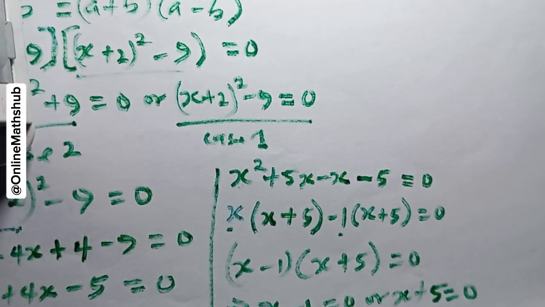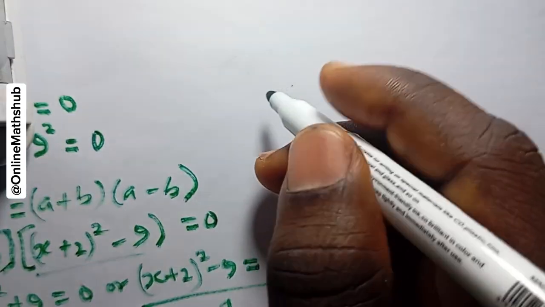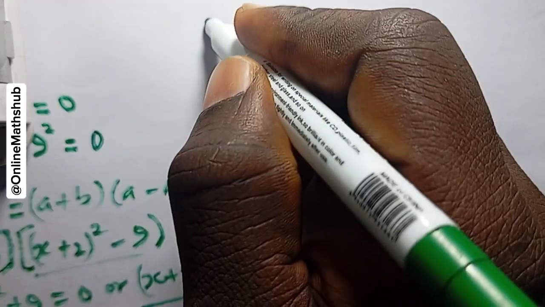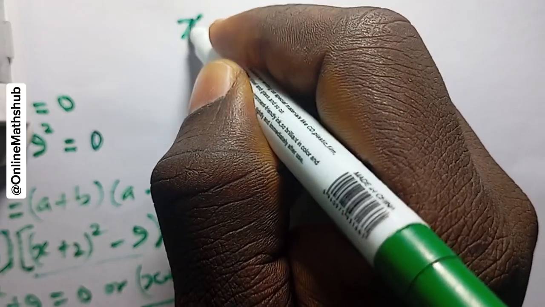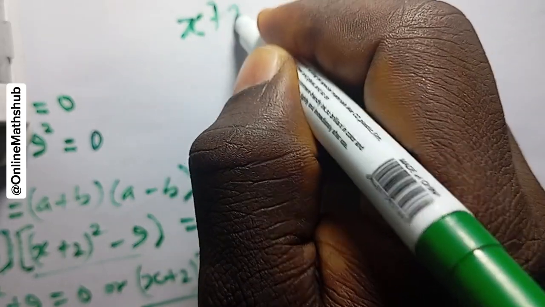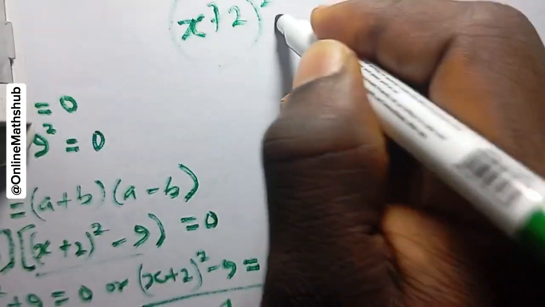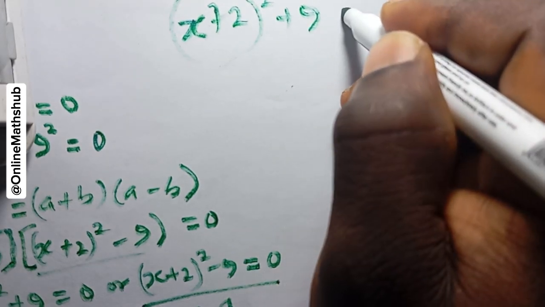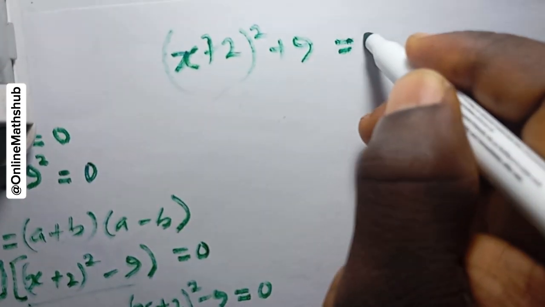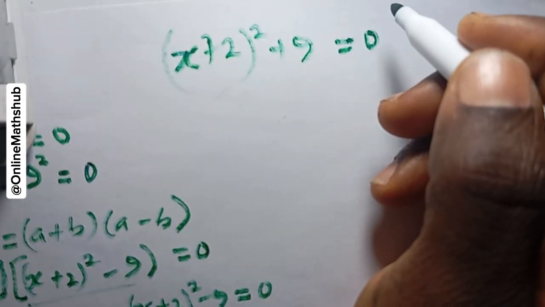And then we can move over to case 2 and see how we can obtain the remaining values of x. Case 2 is (x plus 2) raised to the power 2, plus 9, is equal to 0.